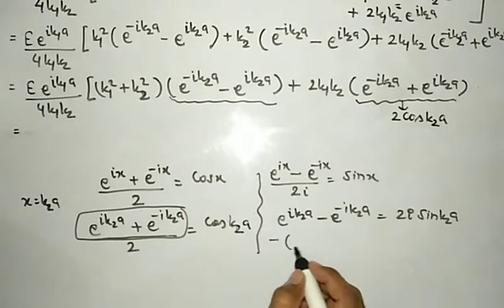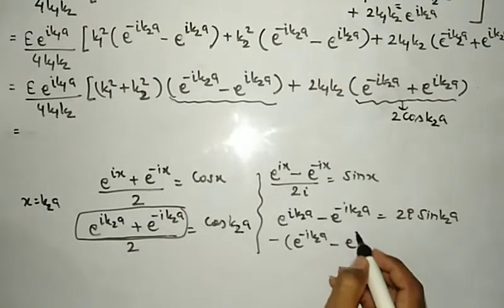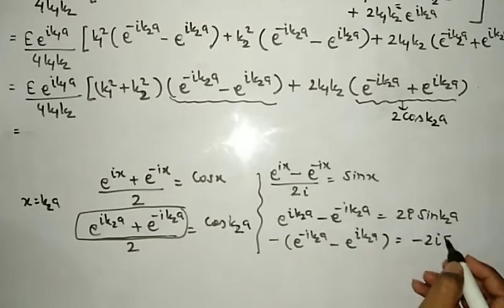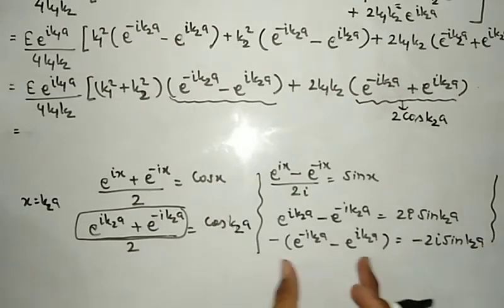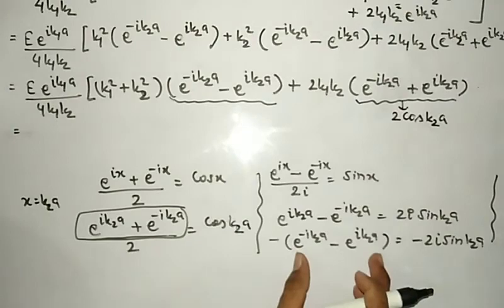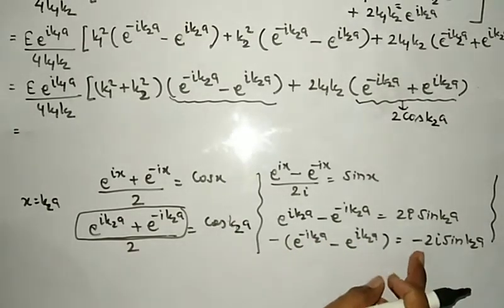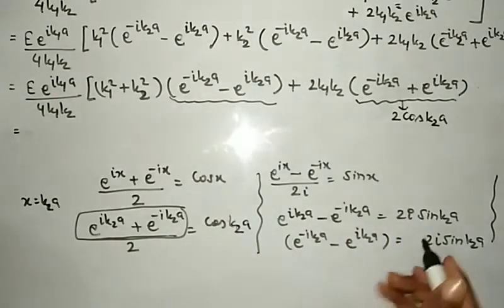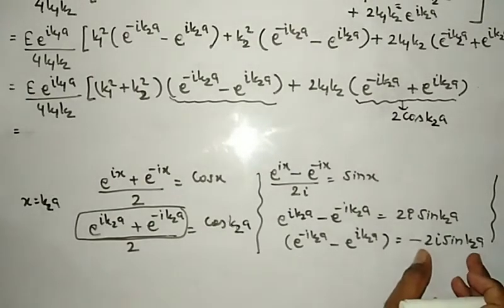Taking minus, e to the power minus i k2 a minus e to the power i k2 a is equal to minus 2i sin k2 a. So first we take common minus here, then this value minus shifted here, so this value implies minus 2i sin k2 a, which we can put for this.